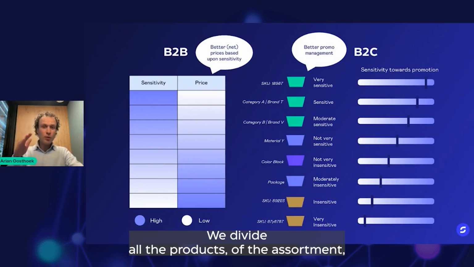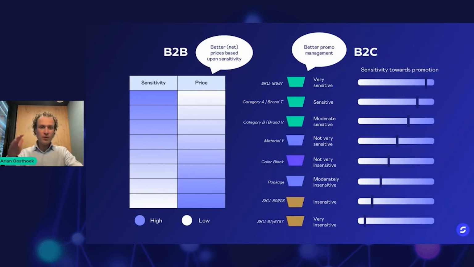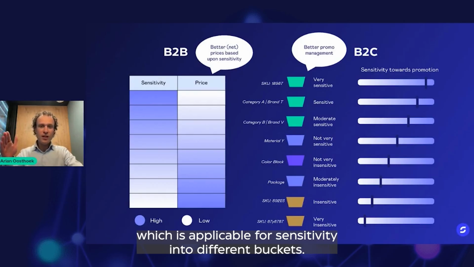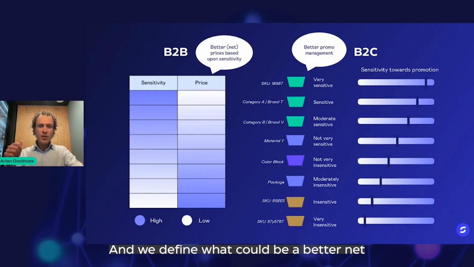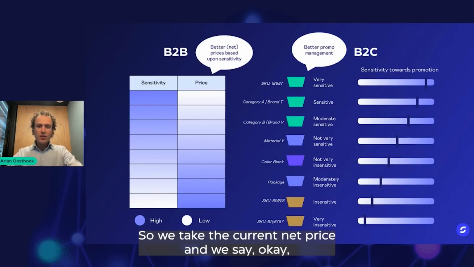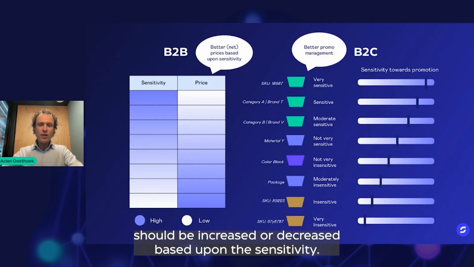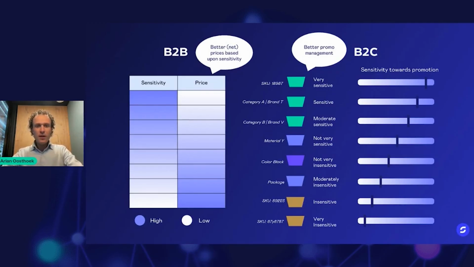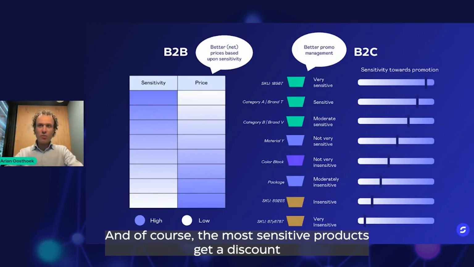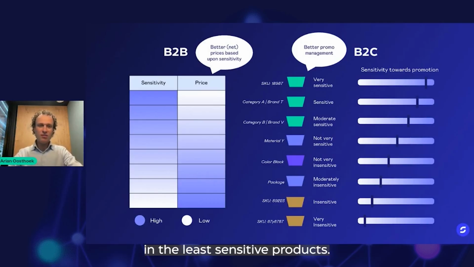We divide all the products of the assortment which are applicable for sensitivity into different buckets. And we define what could be a better net price based upon the price sensitivity. So we take the current net price and we say, okay, it should be increased or decreased based upon the sensitivity. And of course, the most sensitive products get a discount, and the least sensitive products get a markup.